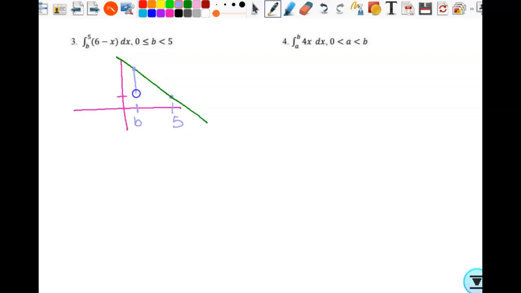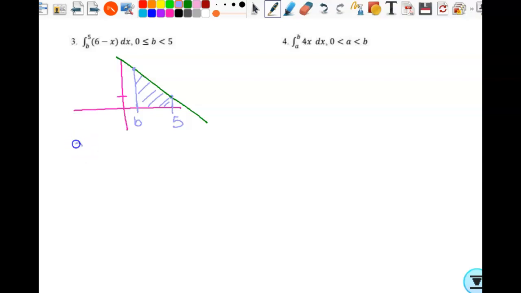So that means that I want the area of this. Everybody understand how we came up with that? I could have put b on the y-axis and said it could be 0, but we'll just go with this.